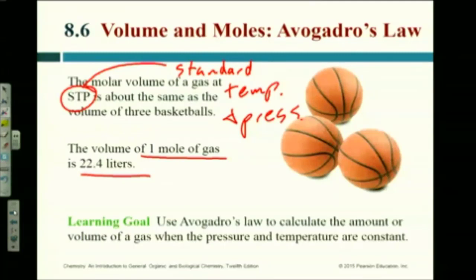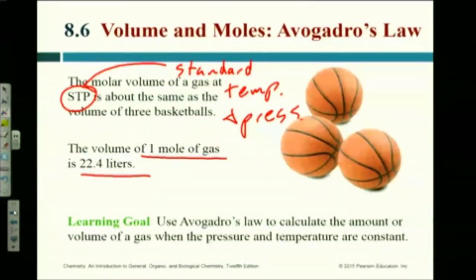By the way, how big is 22.4 liters? Anybody know how much 22.4 liters is? Do you own anything that's roughly 22.4 liters? Like in the same ballpark? You're thinking. All right. How much is a liter compared to our American unit?